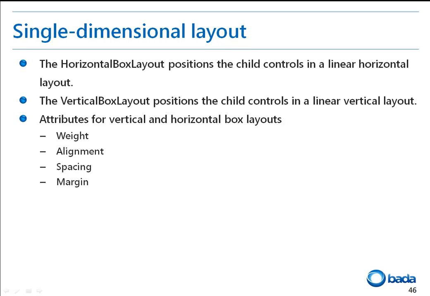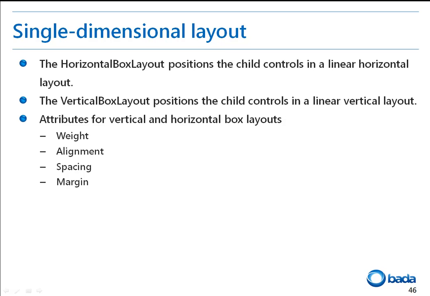Second, alignment. This attribute specifies how the controls are aligned horizontally or vertically. In the vertical box layout, the controls can be aligned horizontally to the left, center, or right of the parent. In the horizontal box layout, the controls can be aligned vertically to the top, center, or bottom of the parent.